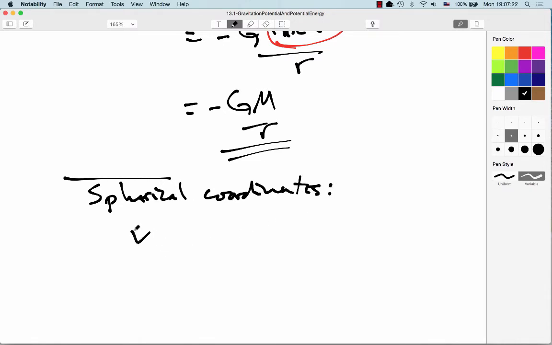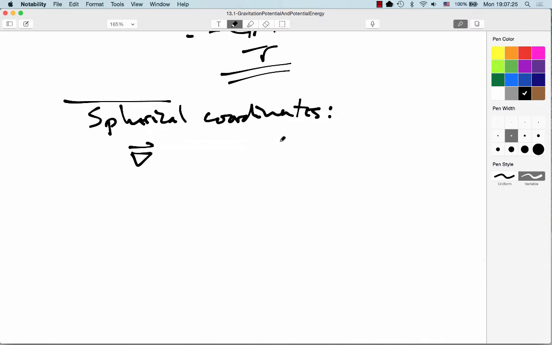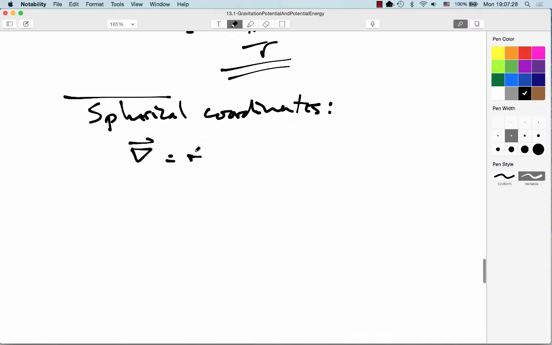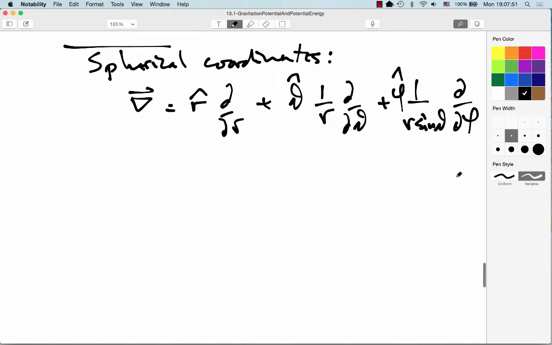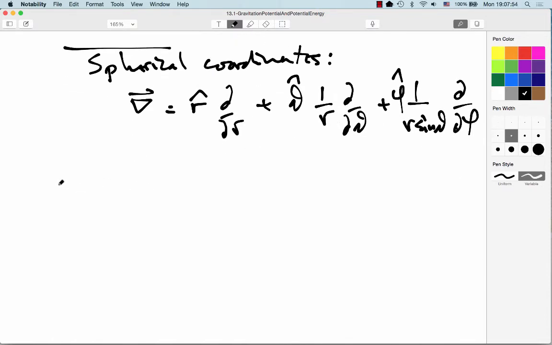So in spherical coordinates, the gradient is expressed as r hat partial r plus theta hat times 1 over r partial theta plus phi hat times 1 over r sine theta partial phi. So we'll go ahead and take our gradient here to get the gravitational field intensity. So g is minus the grad of phi.